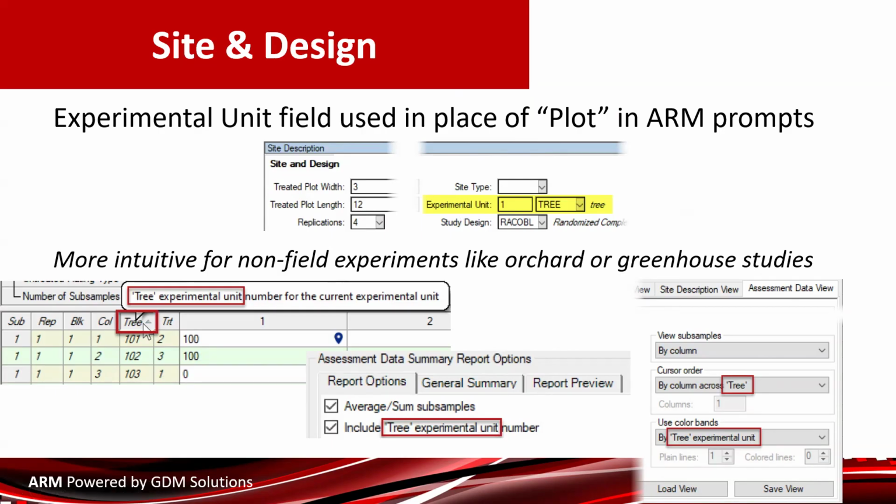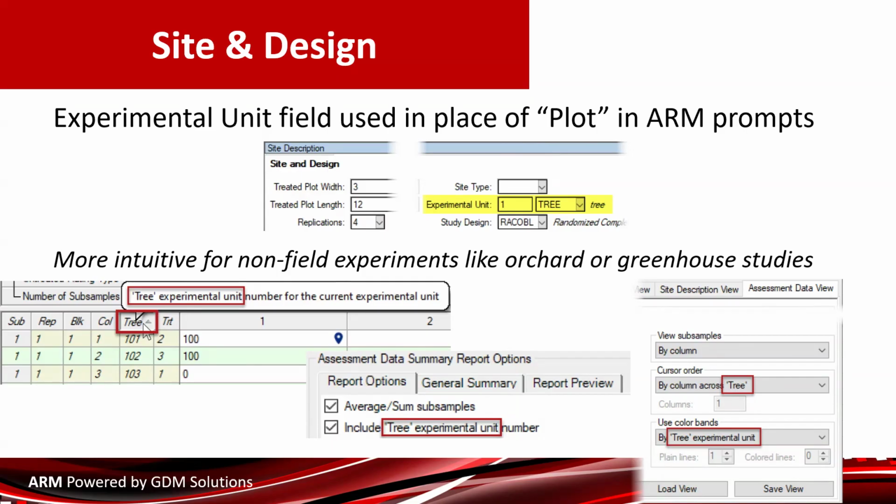And that unit that you put in there, if you choose to fill that field in, that can override what ARM calls a plot. So historically, ARM originated in just field trials. We've worked to generalize it for all sorts of different types of research.